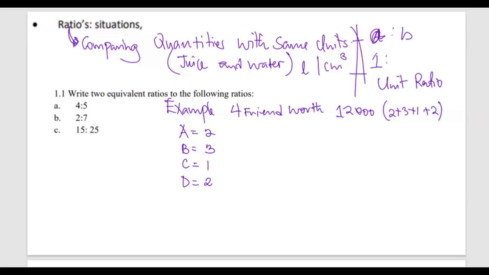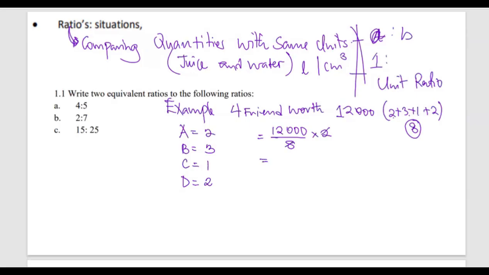So you end up having 8 shares all in all. So we shall say, of the 12,000, 12,000 is going to be divided into 8 shares. So the first one is going to be 2.